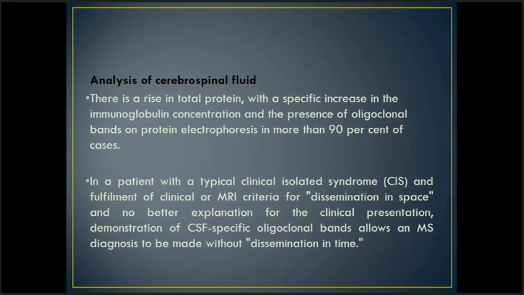In analysis of the cerebrospinal fluid, we have an increase in protein, and specifically we have oligoclonal bands, and the number of oligoclonal bands is useful to document dissemination in time.